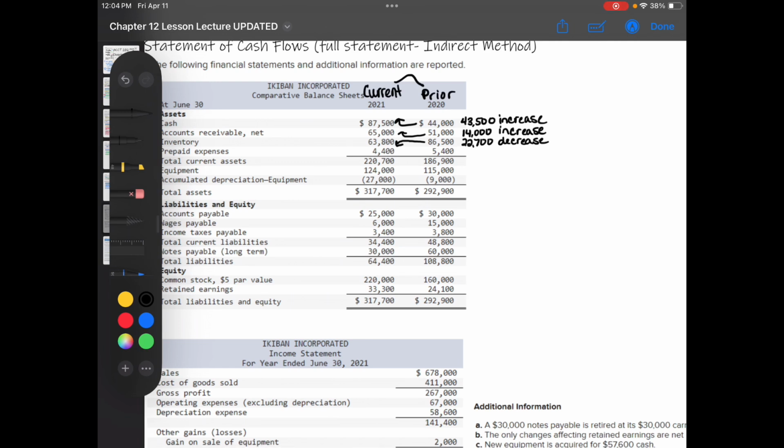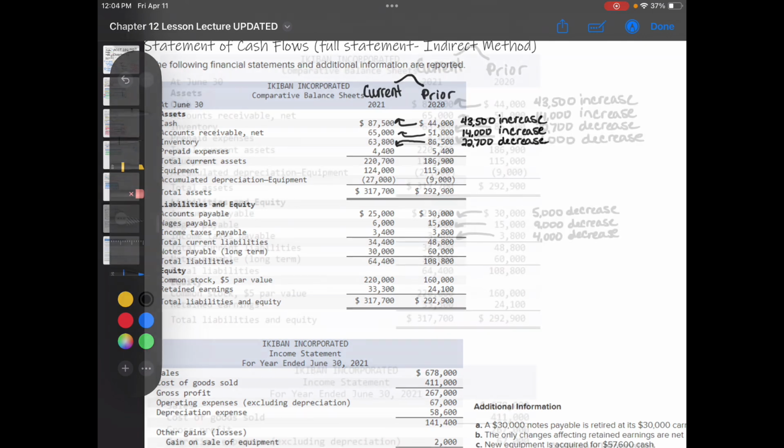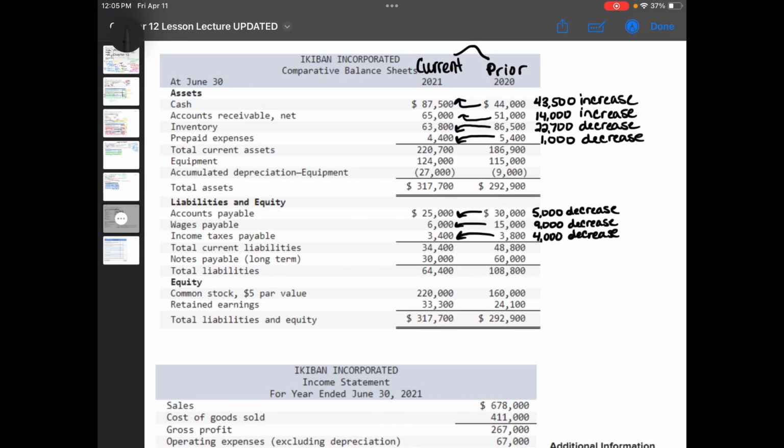Now what I'm going to do is pause the video and write these in for all of my current assets as well as my current liabilities. Okay, you might take a moment to pause the video real quick to jot those couple down that I just wrote. But I've got all of the current assets and current liabilities done, showing the increases and decreases. I'll use all of them except cash in the operating activities section of the statement of cash flows.